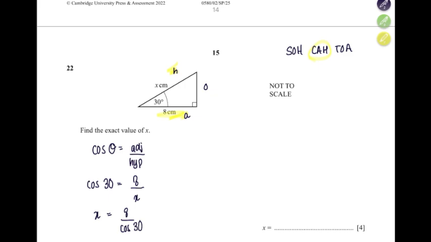You need to memorize the value for cos 30. Cos 30 is going to be square root 3 over 2. So here it's going to be 8 over square root 3 times 2, 16 by square root 3.